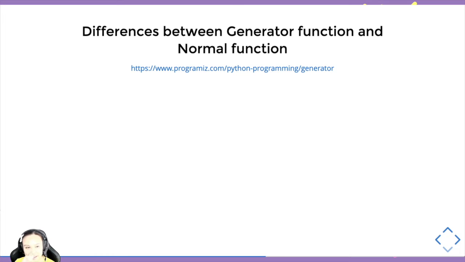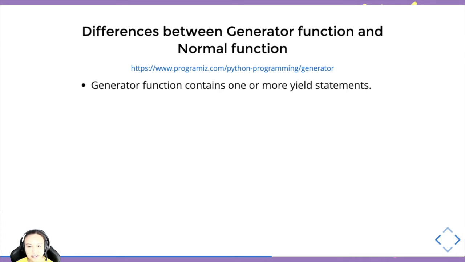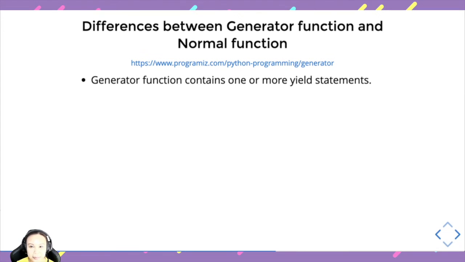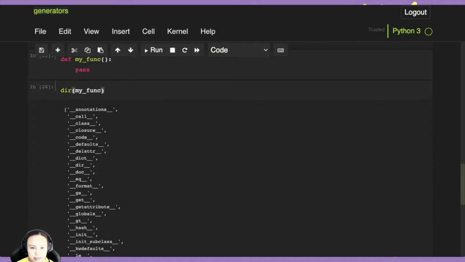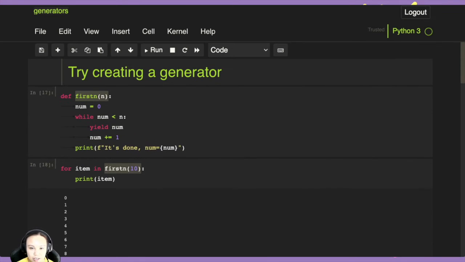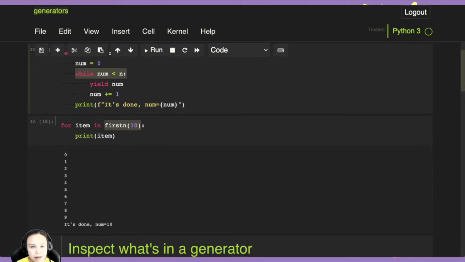So there are some differences we have noticed between a generator and a normal function. A generator function contains one or more yield statements. In this demonstration code there is a while loop, so it just has one yield. But if you don't write a loop, you can write yield 1, yield 2, yield 3, and then it gives 1 to 3 and ends with StopIteration.